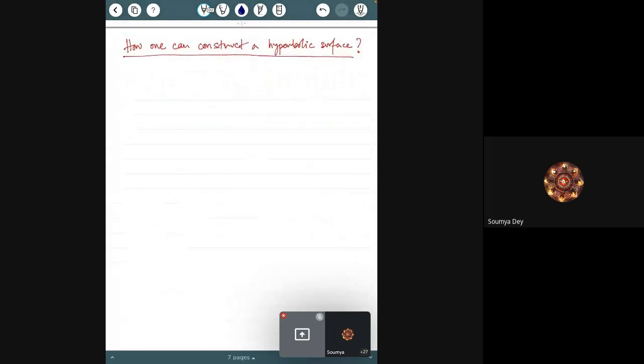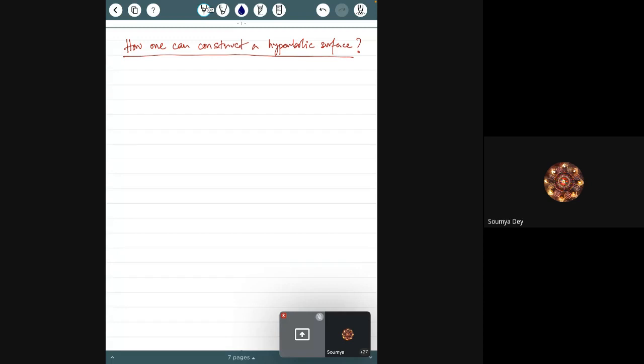So we have seen what is called a hyperbolic structure on a surface. Now, can we have some examples? By example I mean, how can we have some simple hyperbolic structure on a given topological surface?